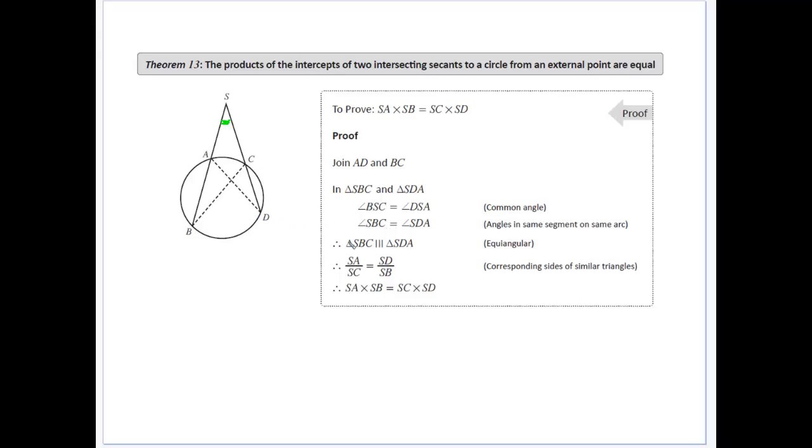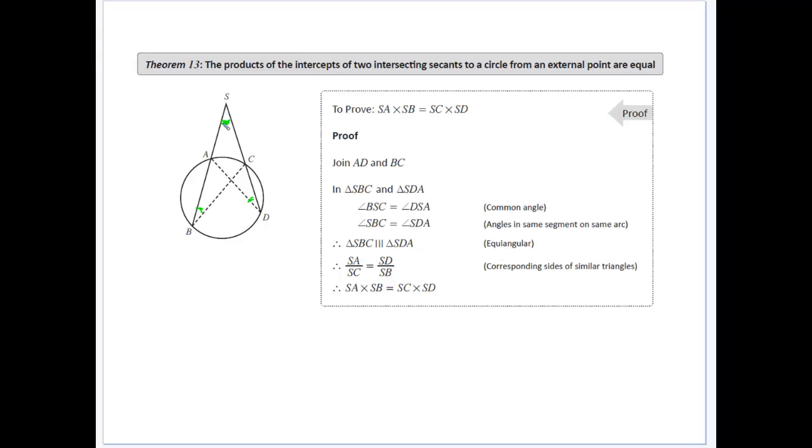We also get angle SBC, this angle here, which, because it's sitting on the same arc, would equal angle SDA, because it's created by the same arc, AC. So there are two angles in each triangle that are equal, so they must be similar triangles because they're equiangular.